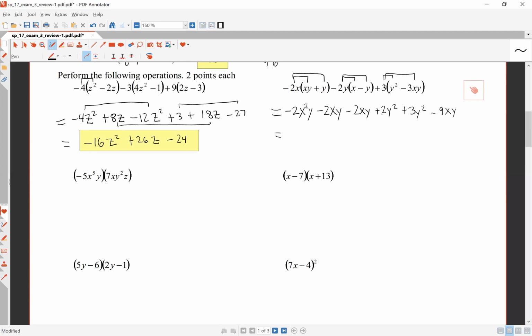I don't see any other x squared y's, so that stays as is. -2xy minus 2xy minus 9xy. -2 minus 2 is -4, minus 9 is -13. And then the y squareds are like each other, and that becomes 5y squared.